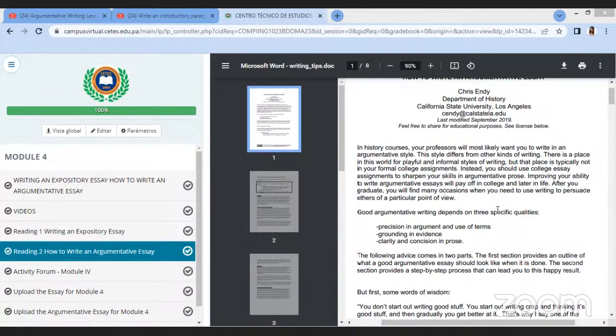Okay? And number 3, clarity and concision in prose. In an argumentative essay, the writer must express ideas with clarity and concision to effectively persuade readers.